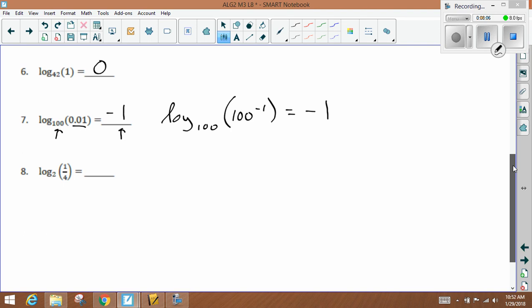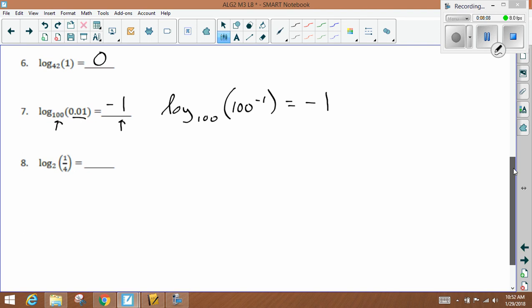Okay, so that's also another way of writing that. Okay, so 2 to what power is 1/4? Negative 2. Why? Because I could write 1/4 is the same thing as 1 over 2 squared. Right?